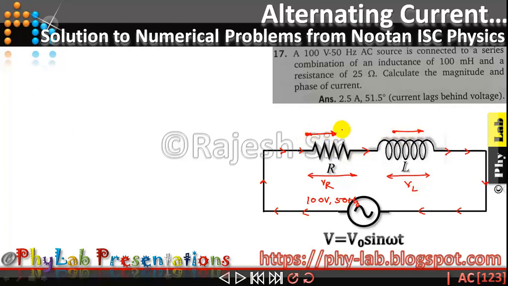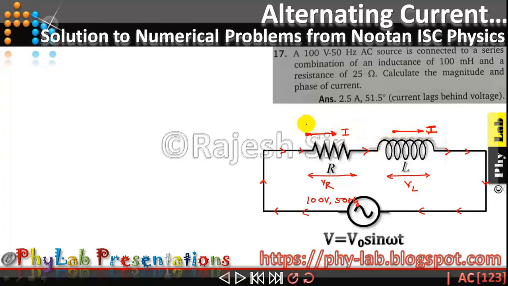in an AC circuit. So this represents the current that flows across the resistance, and this one the current that flows across the inductor. Since both are connected in series, they represent the current flow in the same direction, along the positive x-axis.